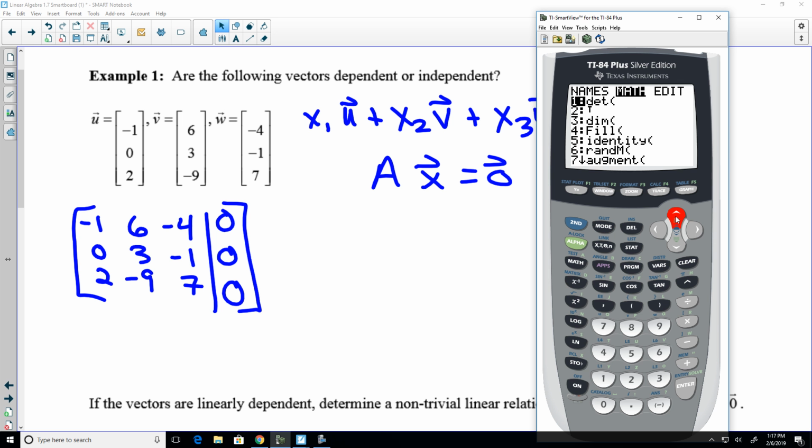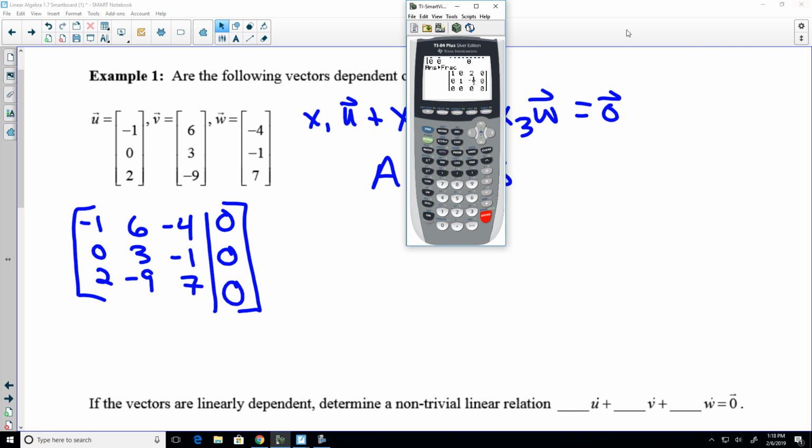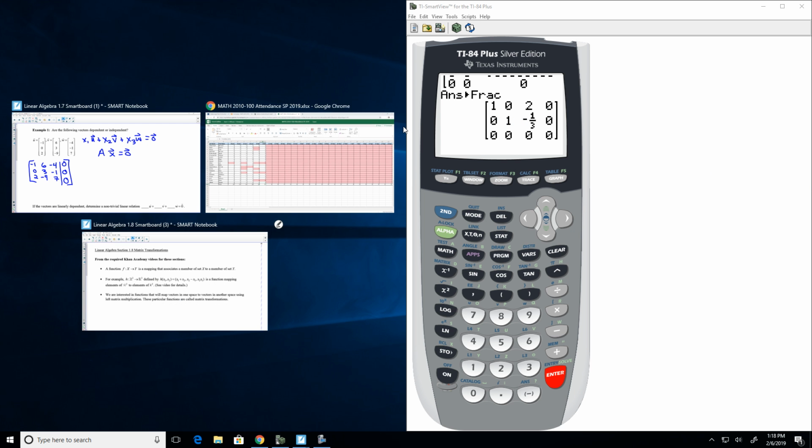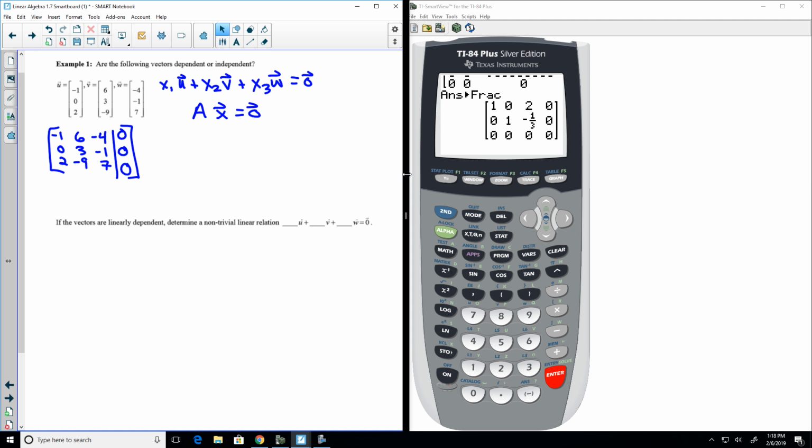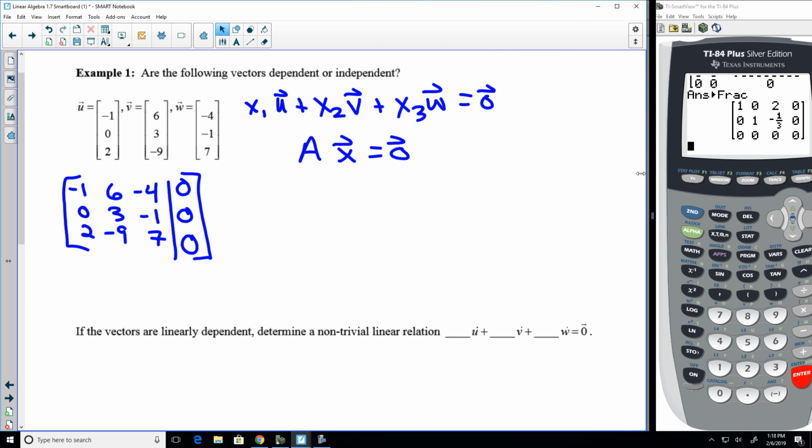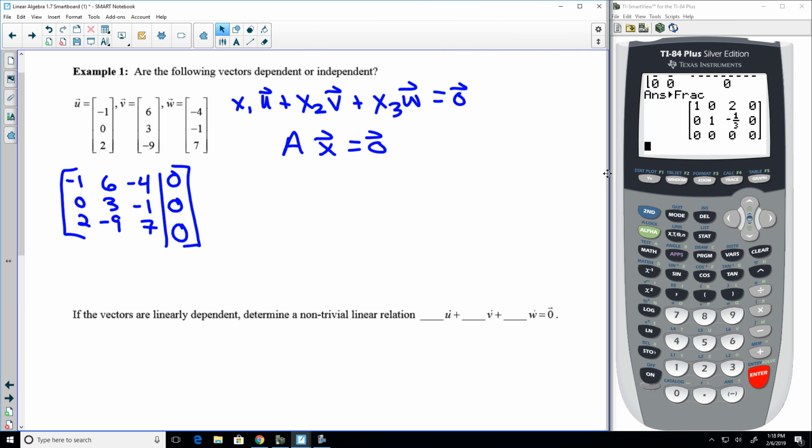So row reduce. I like fractions. Okay, let's do this. Let me split screen this. All right.